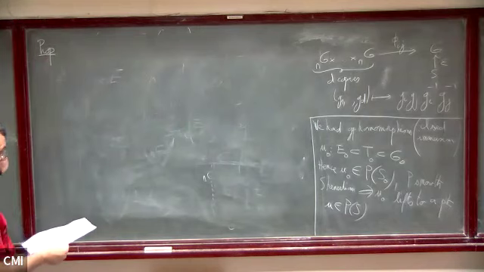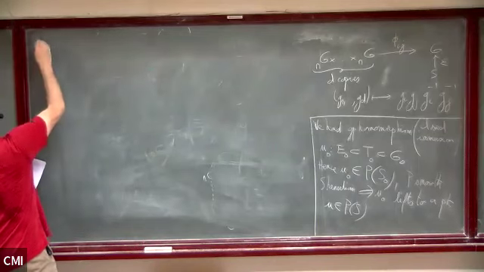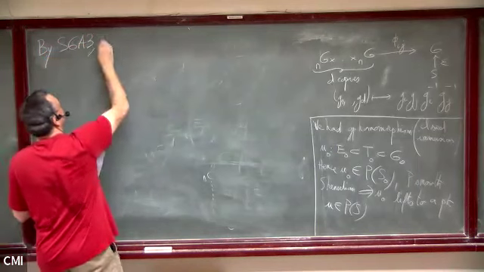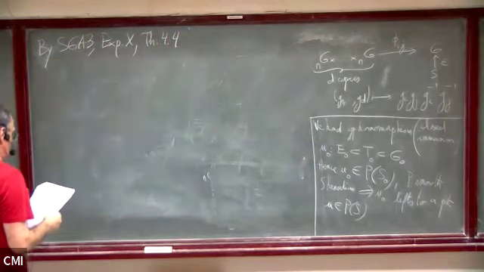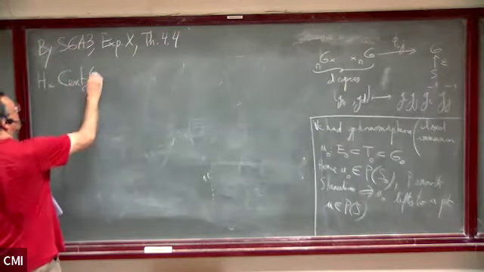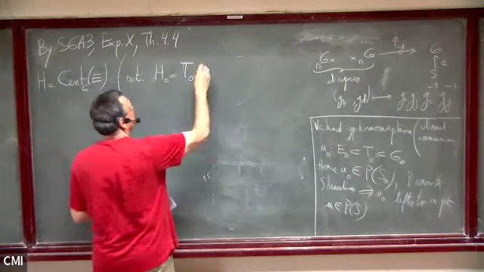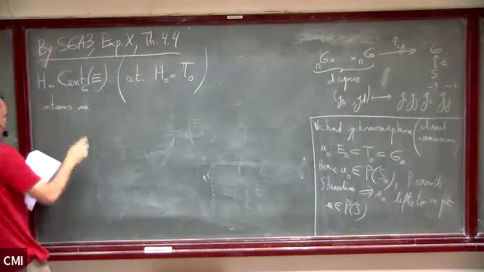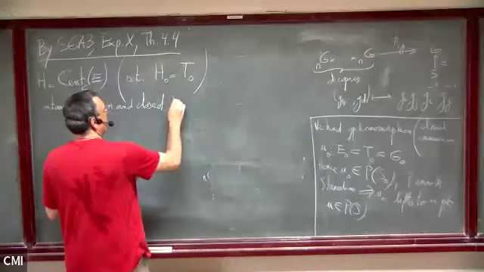Let me not state the theorem, but let me say that by some results that I will prove later, theorem 4, this H that we are considering, which is such that H0 is a torus, contains an open and closed subgroup.